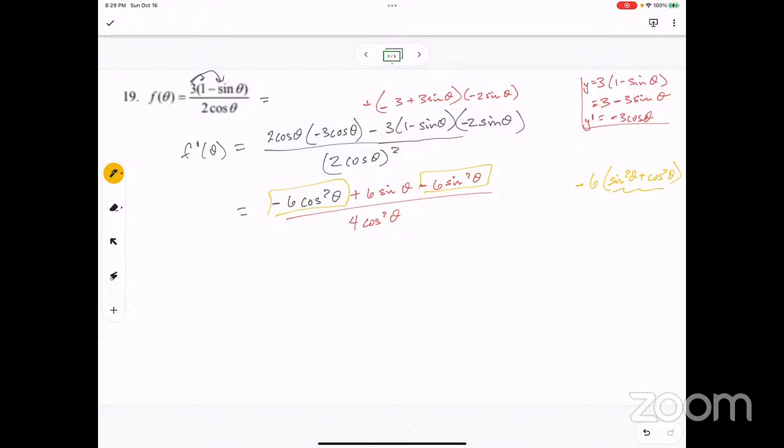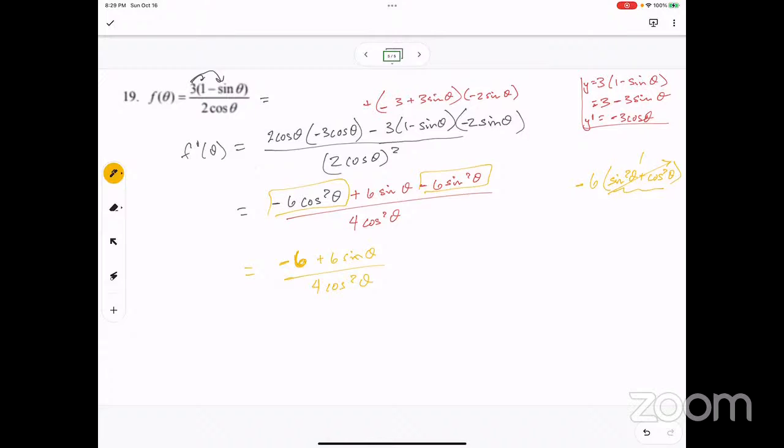Doesn't that look familiar to you? Yep, that's 1. Very good. So that just goes to 1. So this whole thing just equals -6 plus 6 sine theta all over 4 cosine theta squared. Okay. So that's how that's simplified.